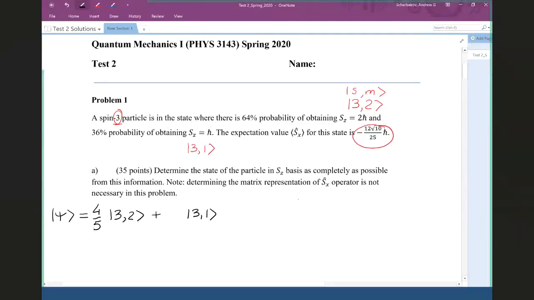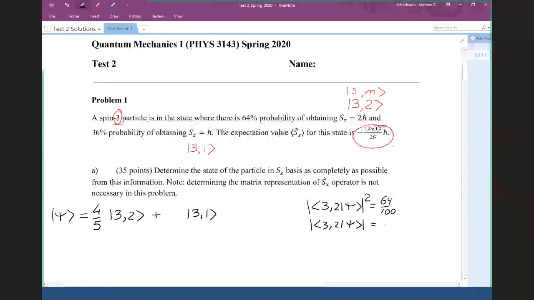Do you understand again why is that? Let me draw it somewhere here. So essentially, what I'm saying is that the probability to be in the 3,2 state, which is the absolute value squared of the probability amplitude of 3,2 with psi, is given to be 64 over 100, which means the absolute value of 3,2 with psi is just what?